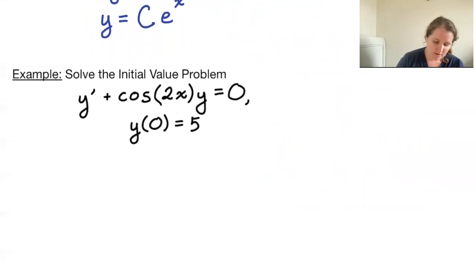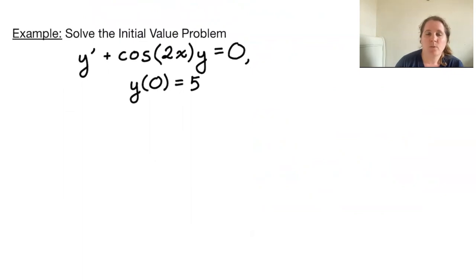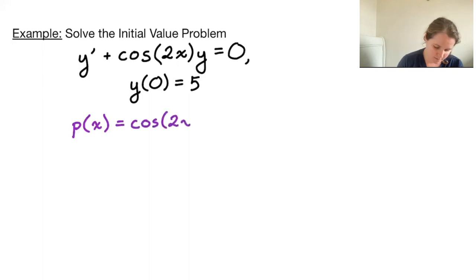Let's go ahead and solve the initial value problem y prime plus cosine of 2x times y equals 0, with y of 0 equals 5. This time around, I'm going to just jump straight to the formula. So our p of x here is cosine of 2x.